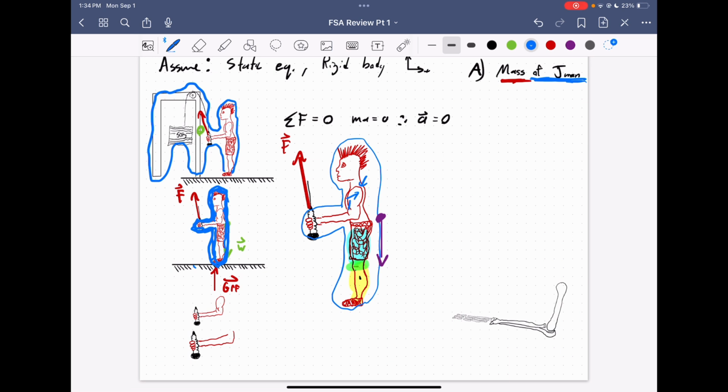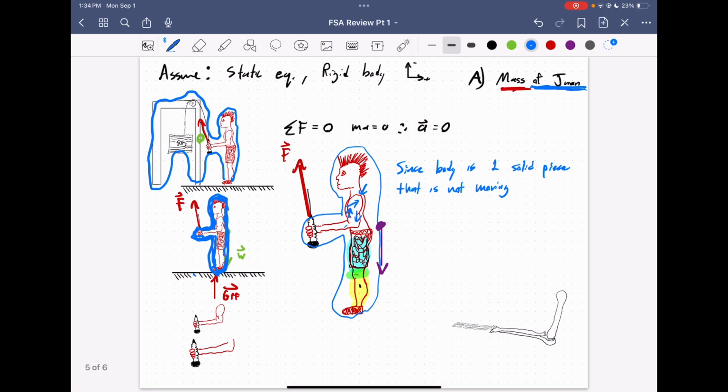Like bicep is flexing this way, tricep here, like the elbow joint is not moving off of the body. Therefore, since the body is one solid piece that is not moving, right? That means, right, A is 0, which means sum of forces equals 0.